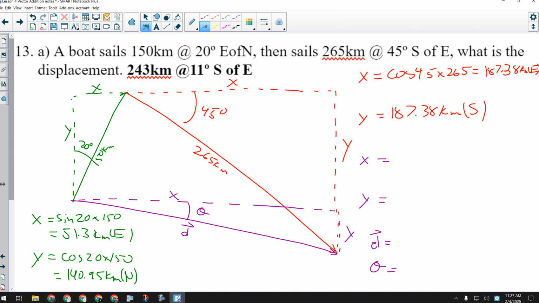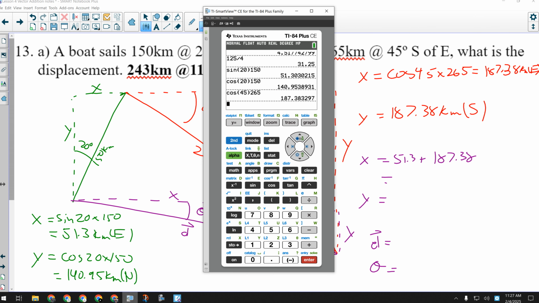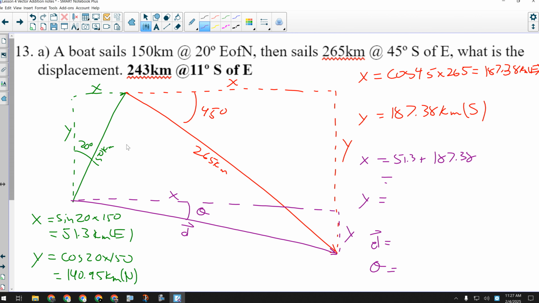So the two x's are both east, so we just add them together: our 51.3 plus our 187.38. That's going to be 238.67 kilometers east.